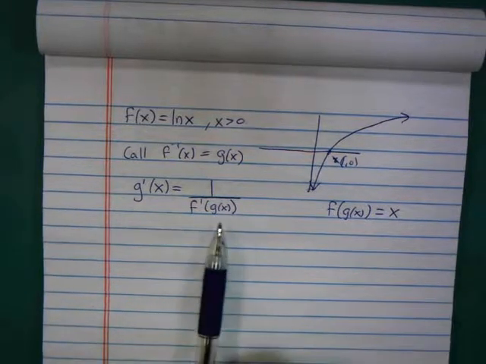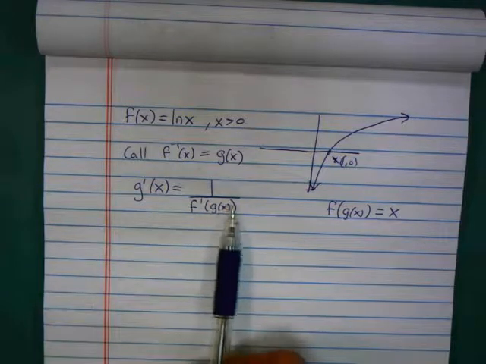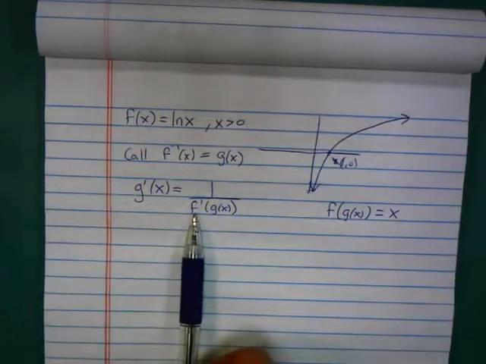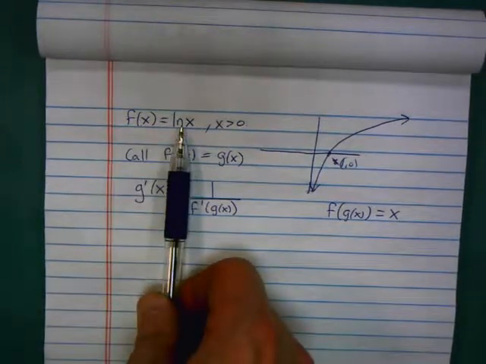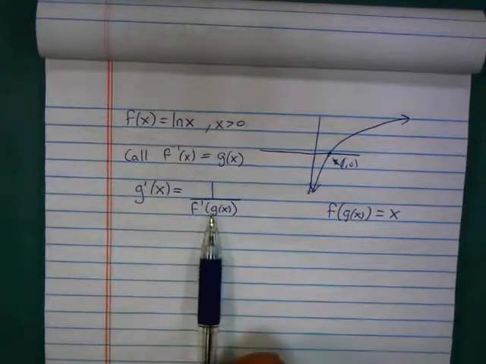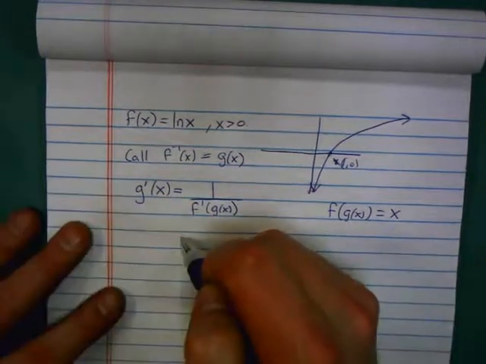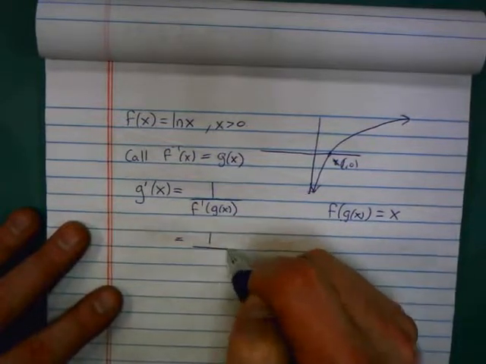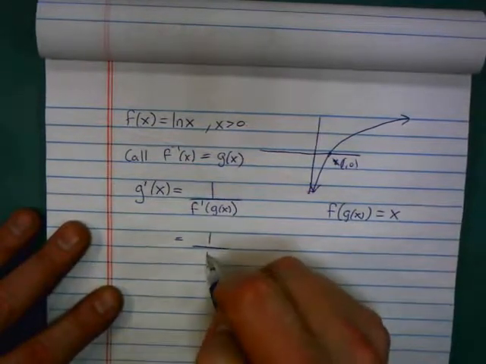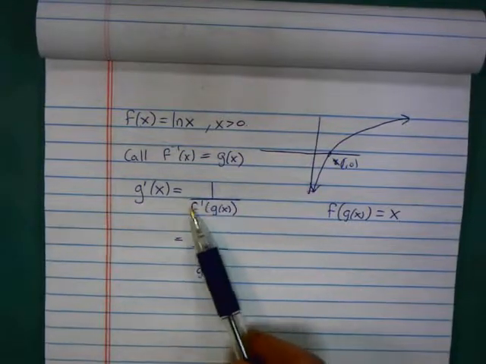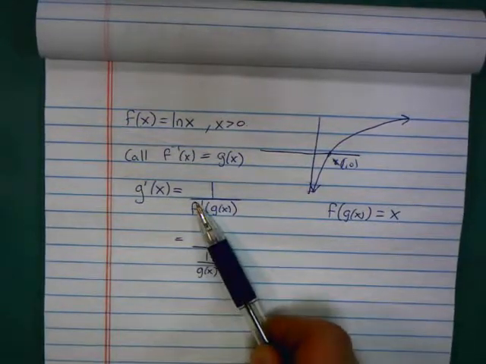Because g is some function that we haven't defined yet, but we know it's really supposed to be e to the x. But what's f prime? f is ln x, so f prime is 1 over x. So f prime at g of x is going to be 1 over g of x, because f prime takes 1 over anything.